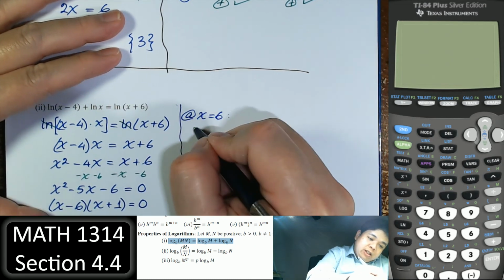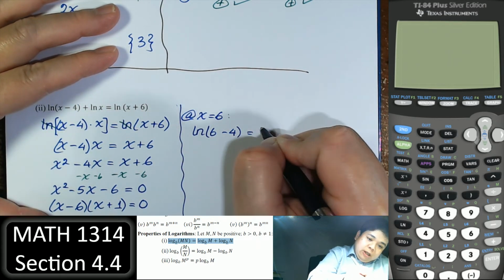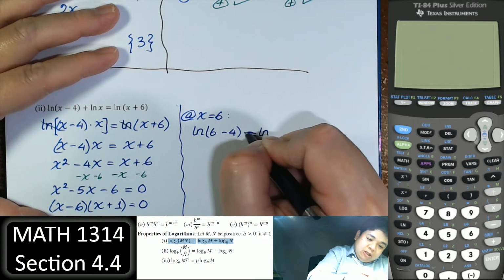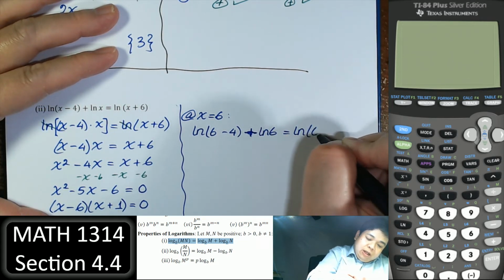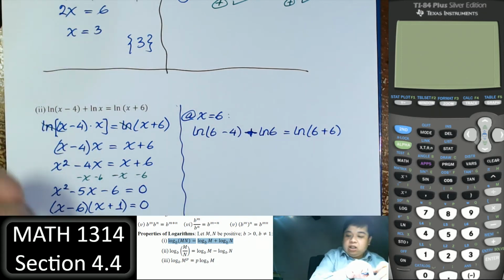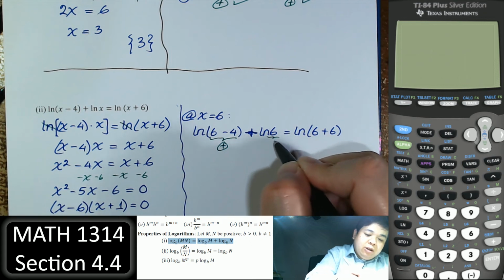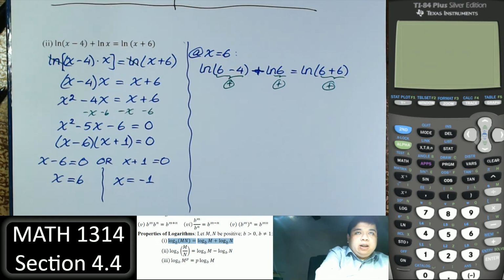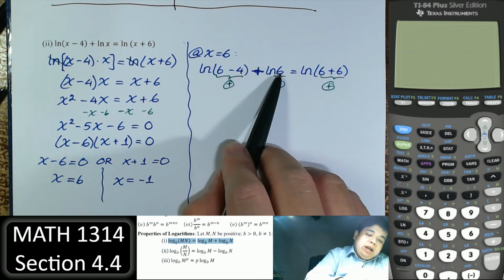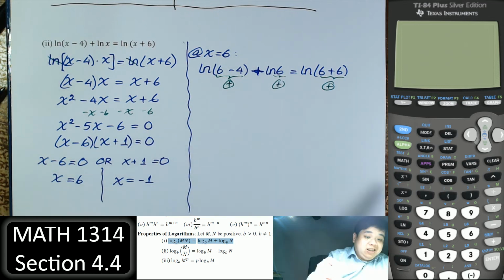So for 6, we have ln of 6 minus 4, plus ln of 6, and ln of 6 plus 6. So x equals 6. All we actually need to check is positive, positive, and positive. So that's good. By the way, that will be 2 and 6, and we can combine the logs, so they indeed are the same.